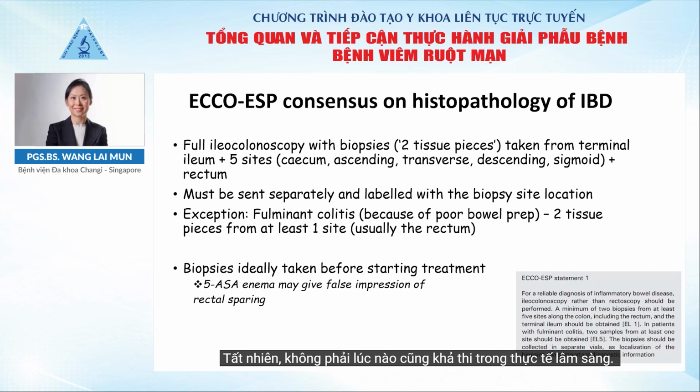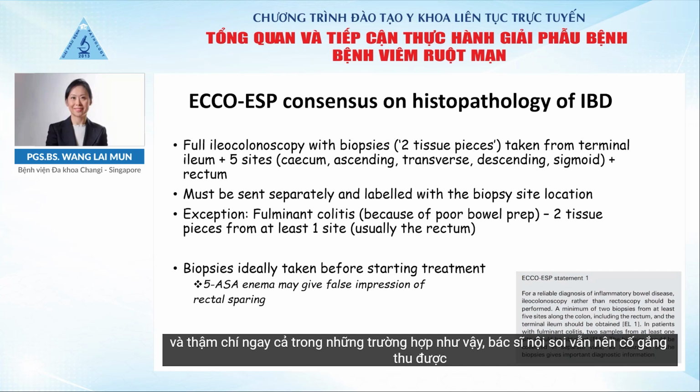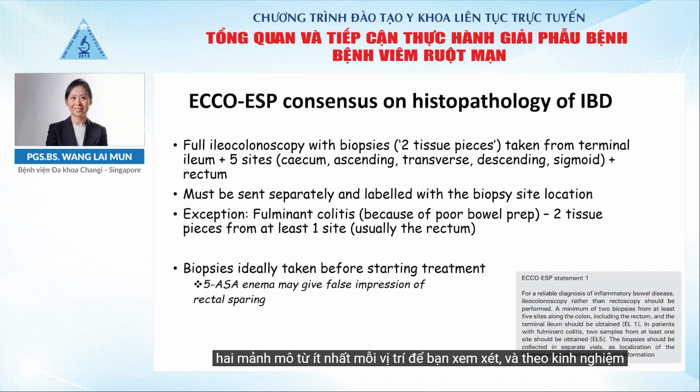Of course, that's not always possible in real clinical practice, such as poor bowel prep and where there is fulminant colitis. And even in such circumstances, the endoscopist should still try to obtain 2 tissue pieces from at least 1 site for you to look at.